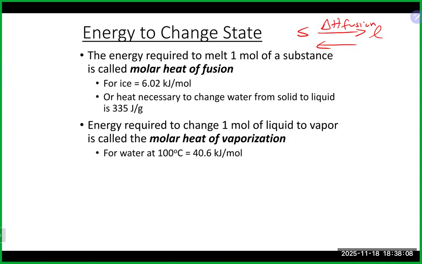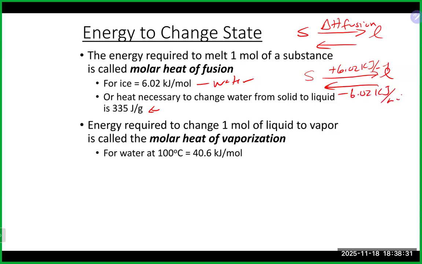For water, that is 6.02 kilojoules per mole, or roughly 335 joules per gram. It is still endothermic going in this direction, so positive 6.02 kilojoules per mole. Exothermic going in the opposite direction there, minus 6.02 kilojoules per mole.